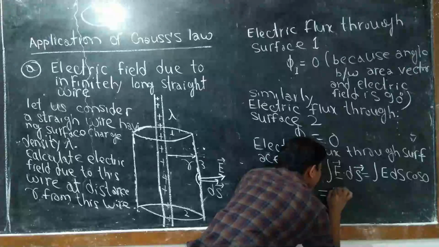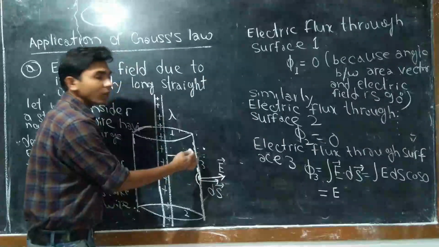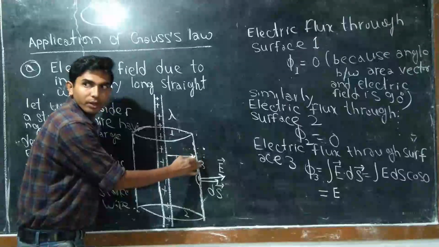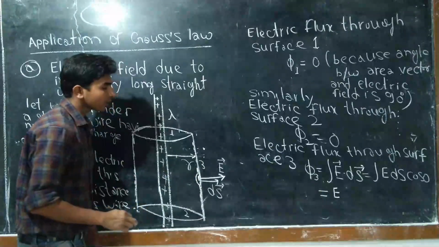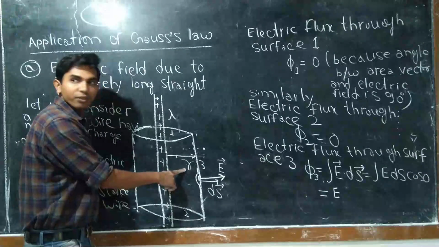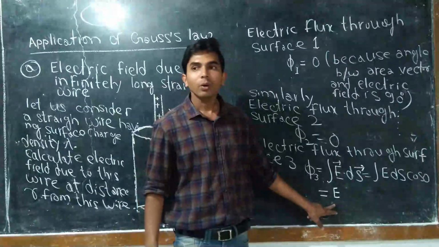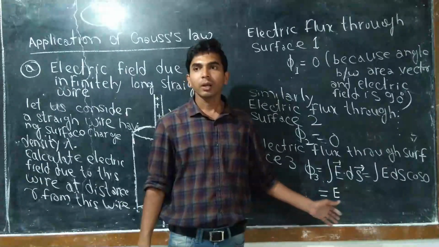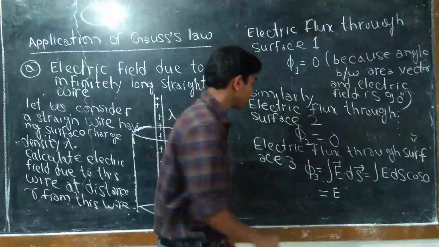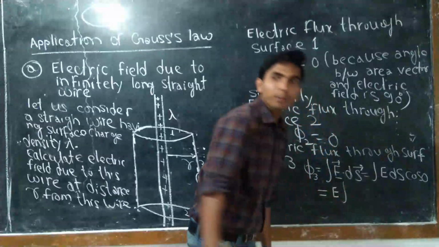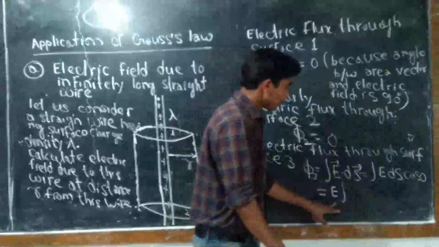And now you can see all the points lying on this surface are at what distance? R distance. So the magnitude of the electric field is constant because the distance is the same, so E will come out.